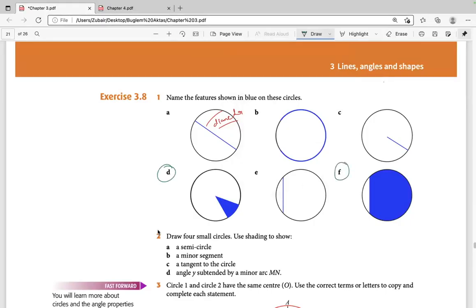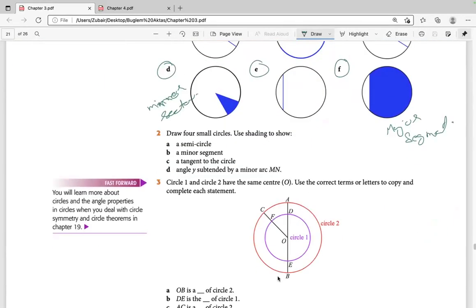F is a major segment. Correct. For D, we also label it minor sector, and that is major segment. And E part is chord. Okay. Draw 4 small circles. Use shading to show. Okay.